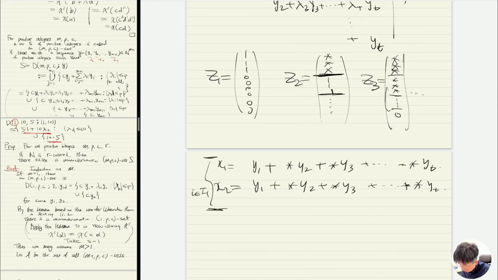So this is for I1, and then once you start with I2, then you have x something.